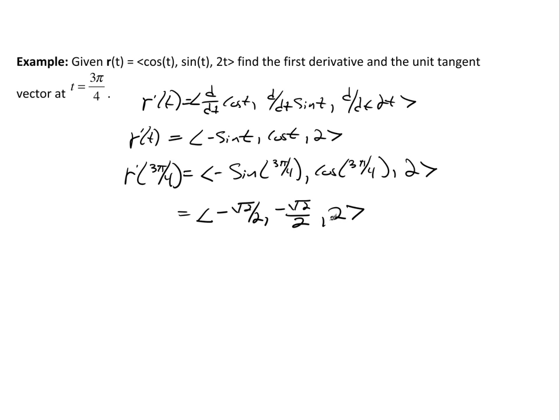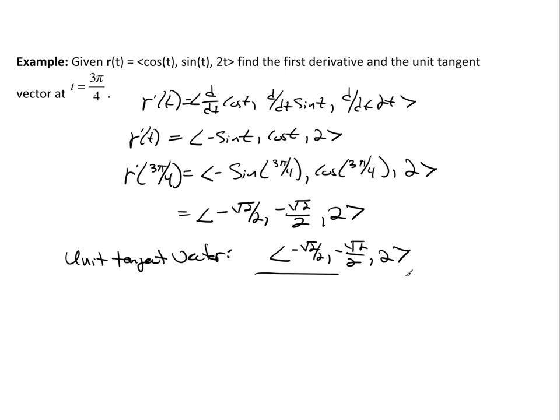So if I'm going to go ahead and find the unit tangent vector, I'm just going to leave it like that: negative root 2 over 2, negative root 2 over 2, and 2.